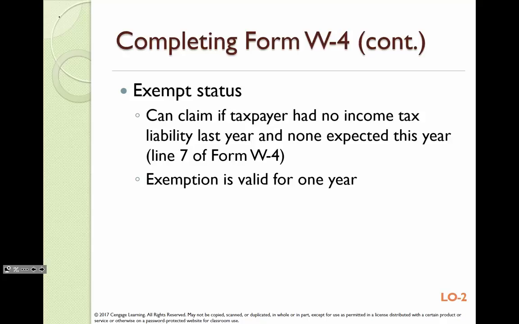So if you work part-time and make less than $10,300, you are exempt. You're not going to pay any income tax. So really, why do you want your employer taking, you know, $108 a month from your paycheck? And then you have to wait all year and file a tax return to get it back, right? Wouldn't you rather just have that $108 a month?